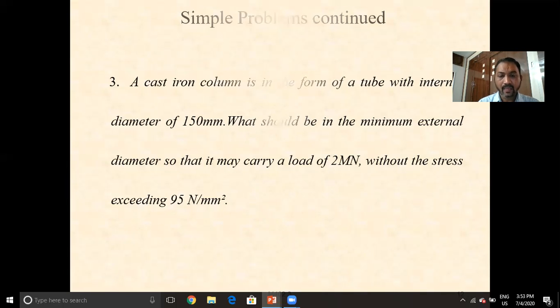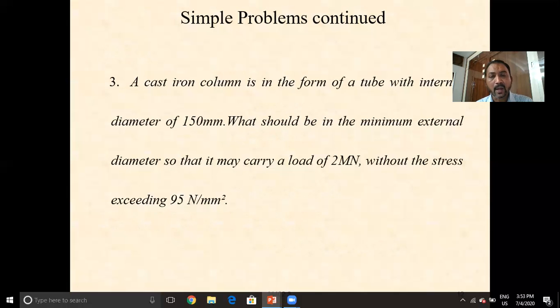So the problem given is a cast iron column made in the form of a tube. A tube will have the internal diameter ID and the external diameter OD, that is the outside diameter.